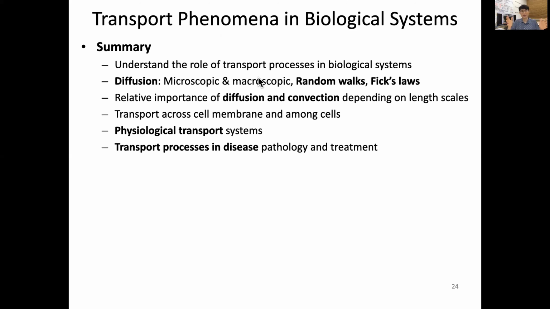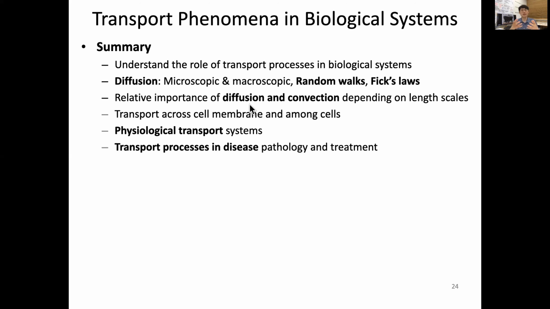importance of length scale in comparing diffusion versus convection, because we realize diffusion is very efficient at a shorter length scale, while at a bigger length scale, diffusion is not effective anymore, because if the diffusion distance is doubled, then the time will be the square of it.